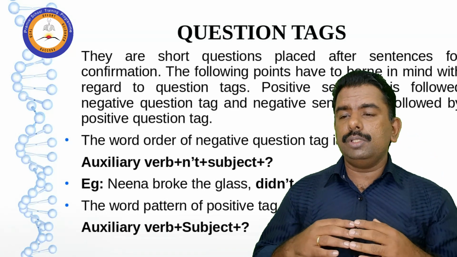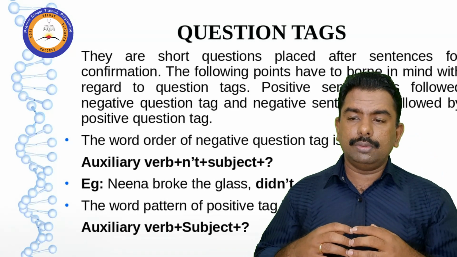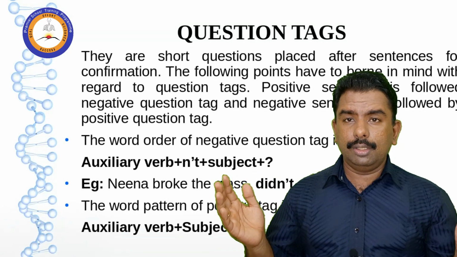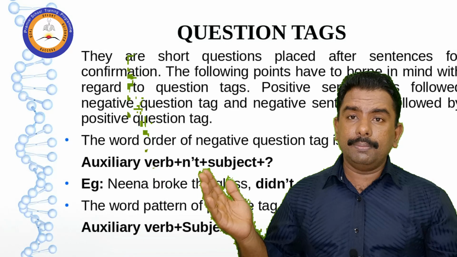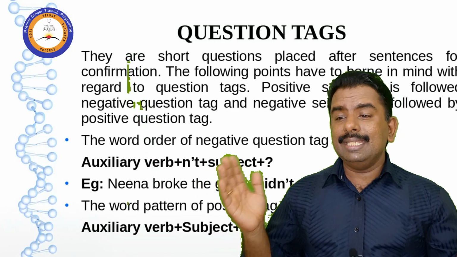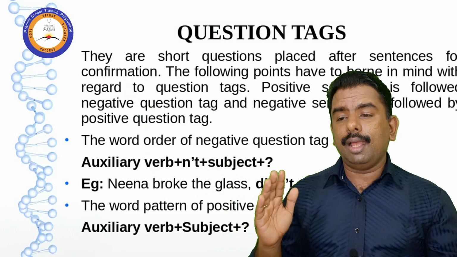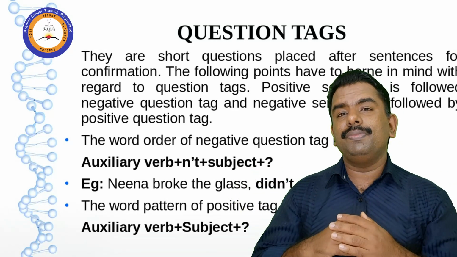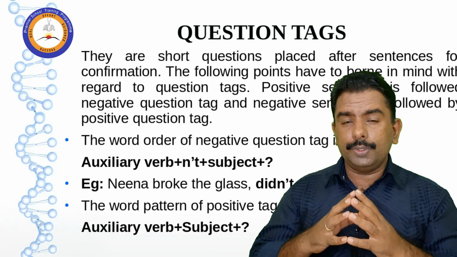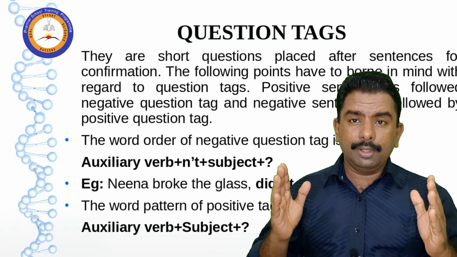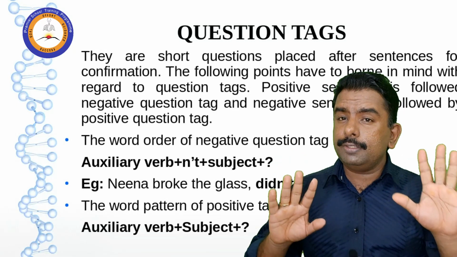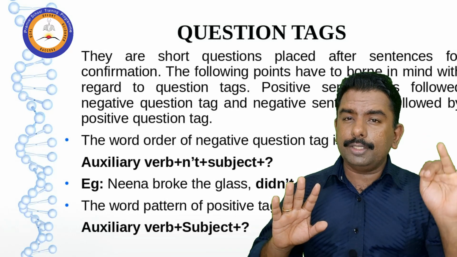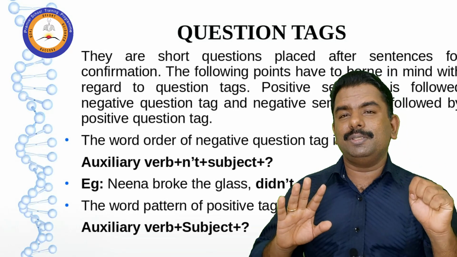Here are some examples. Nina broke the glass. Nina a glass pottichu. Didn't she? Where did this did come from? You will be confused, isn't it? Nina broke the glass. Nina is the subject and broke is the past form of the verb. When I discussed verb forms, I taught you we have 5 different verb forms: base, present, past, past participle, and present participle.